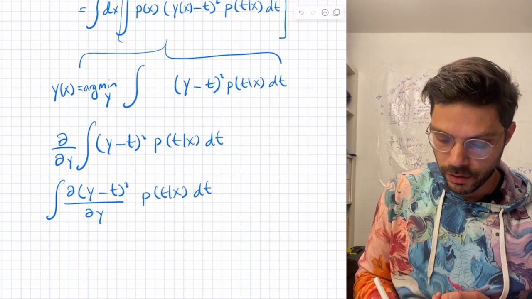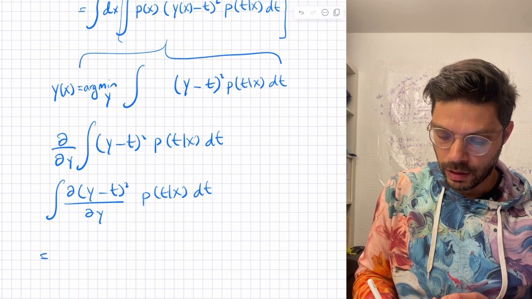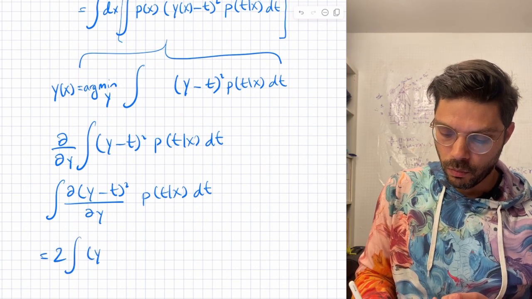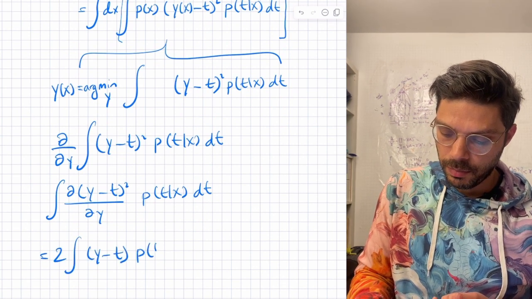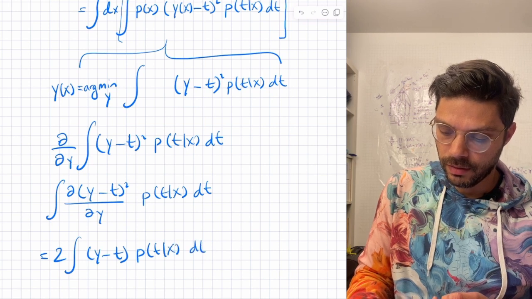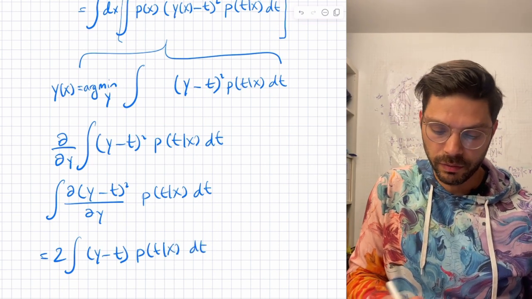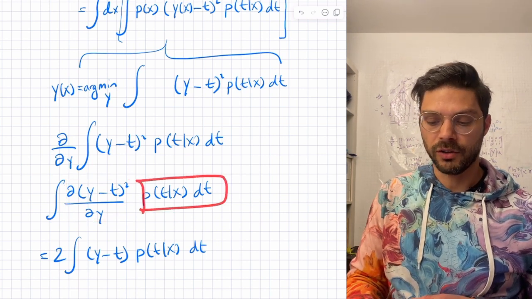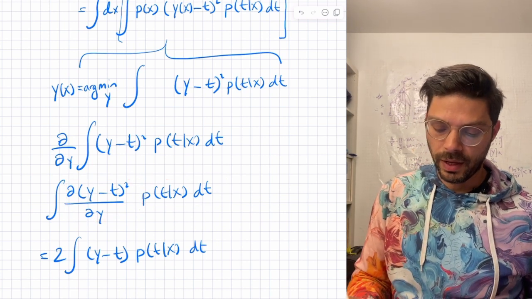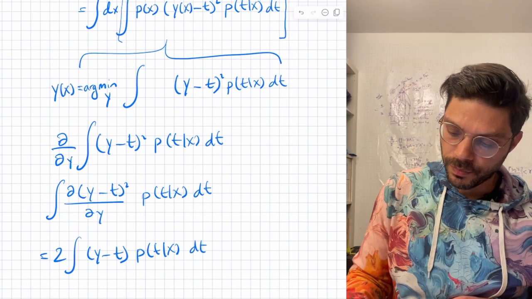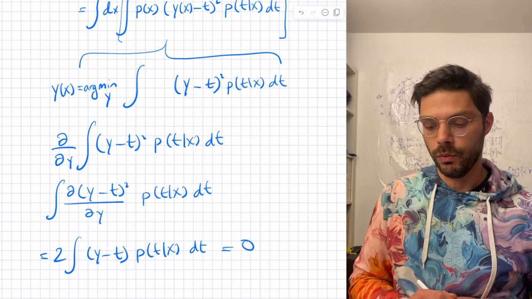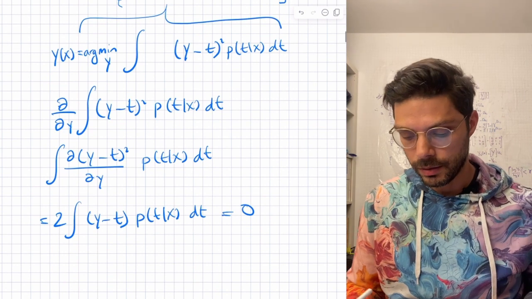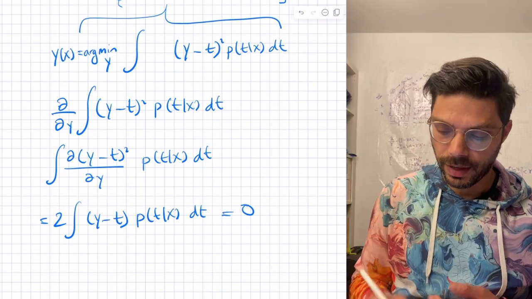And so now this is just going to be equal to 2 times y minus t, times p of t given x, dt, right? We just took the derivative with respect to y, and none of these other terms had y in them. We want to set this equal to 0 to minimize it, or at least to extremize it, and it will turn out that it actually is a minimum.